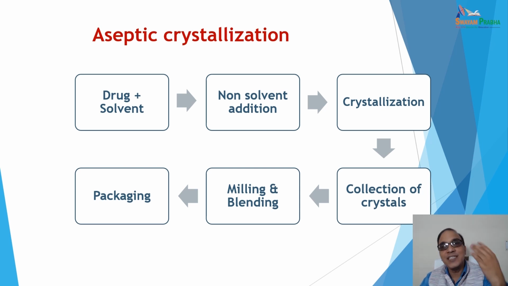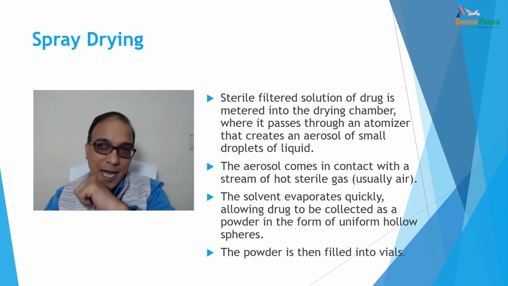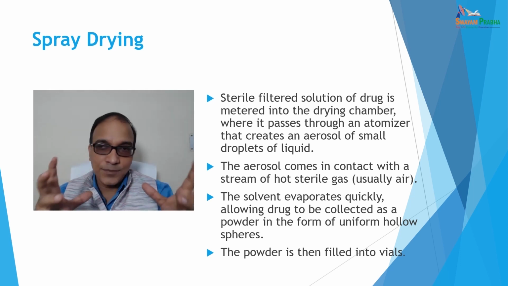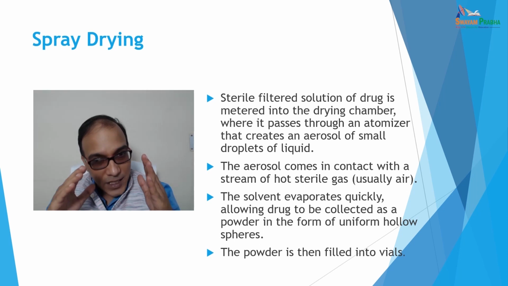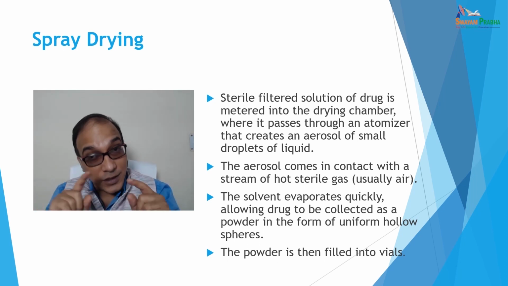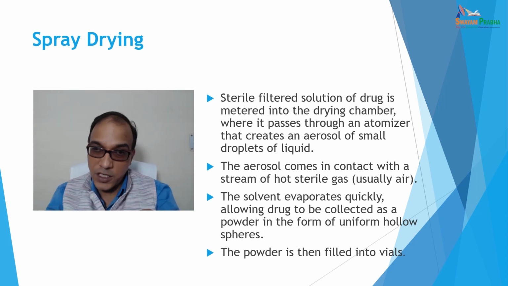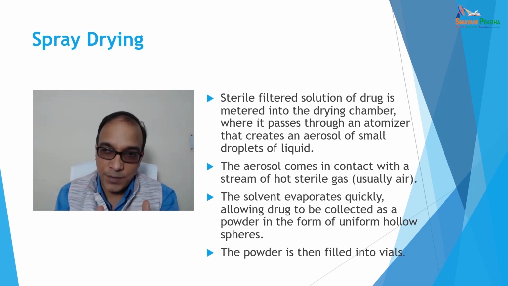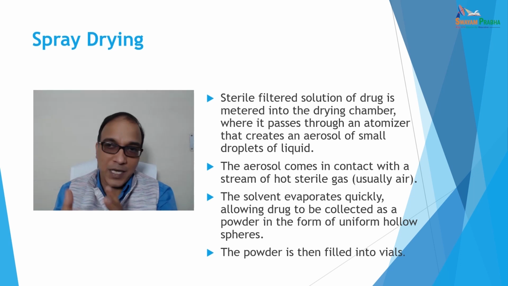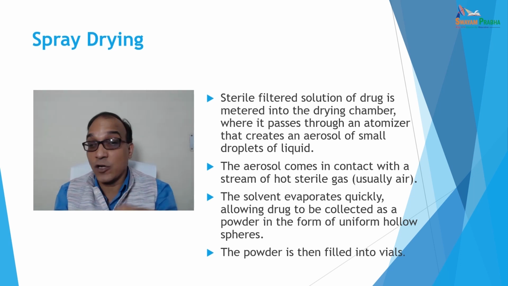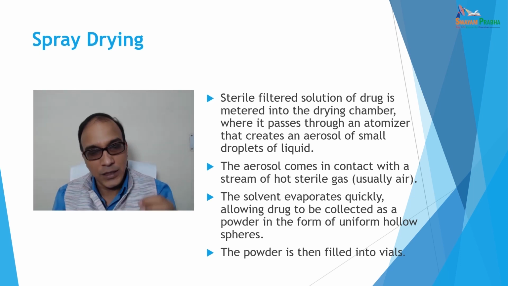Now we are moving to the next method, spray drying. Spray drying, as the name suggests, you are just drying a spray. What is this? Sterile filtered solution of drug is metered into the drying chamber, where it passes through an atomizer. It is passing through the atomizer, and that creates an aerosol of small droplets of liquid.